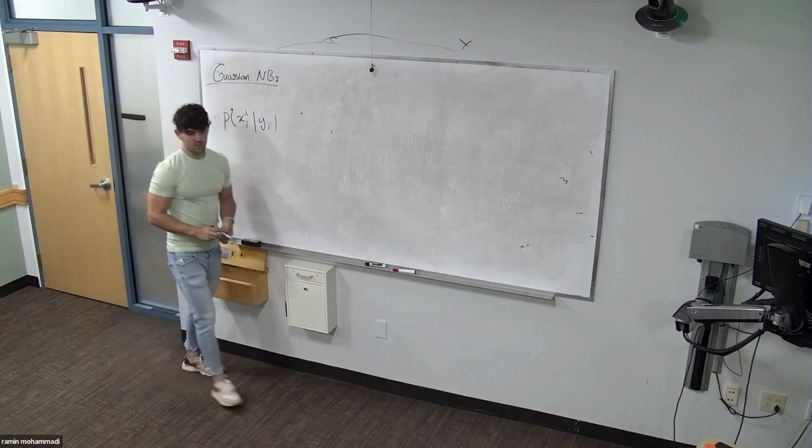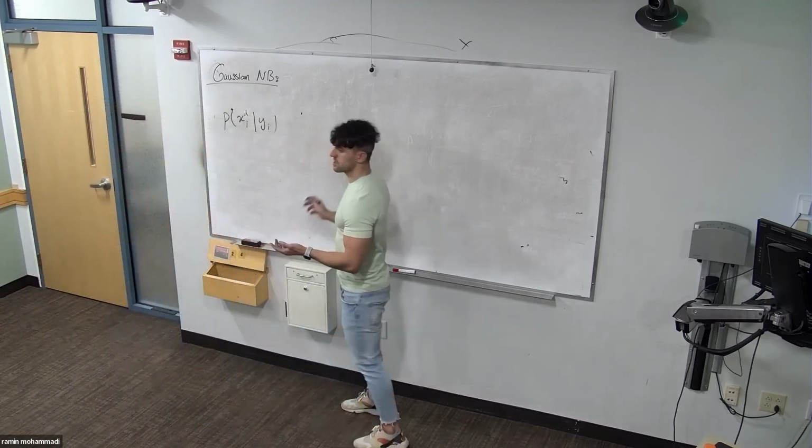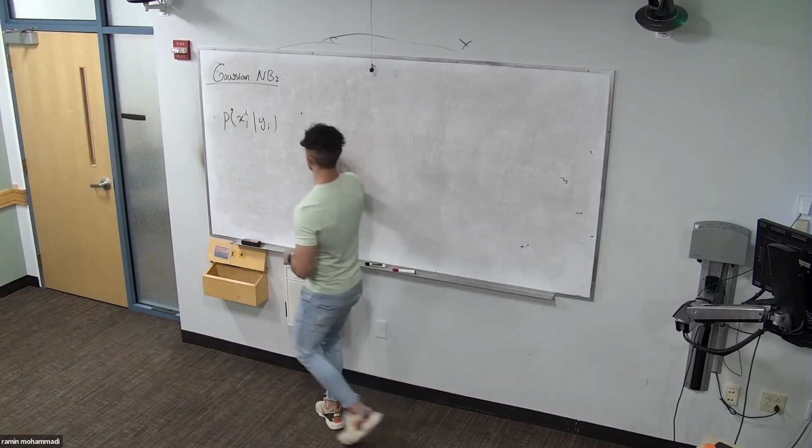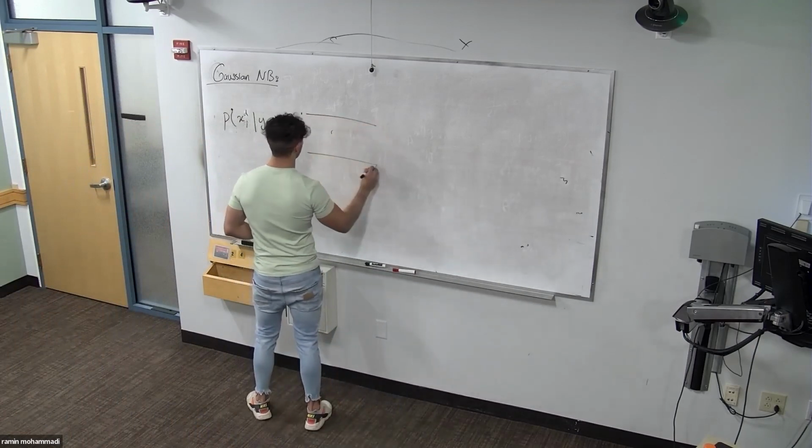We want to find the probability of dimension d given the two classes that you have. So let's just start with this.